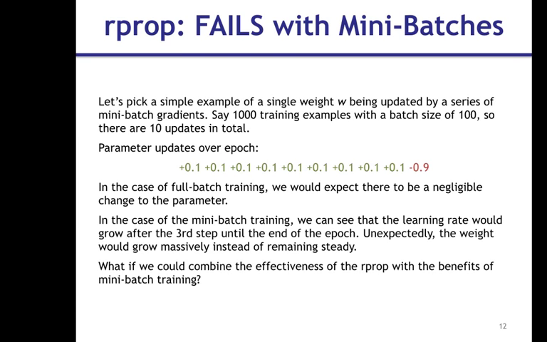But if this was mini batch learning, at each step here with SGD, the learning rate would sort of explode over the full batch, even though we would expect there to be a negligible increase over a full epoch of training, if these were our updates. So how can we combine the effectiveness of rprop with the benefits of mini batch training?